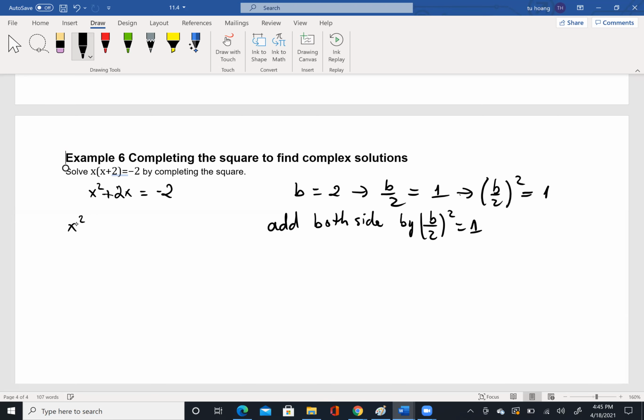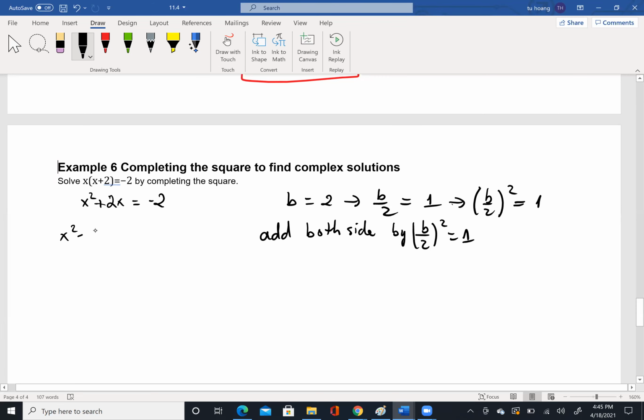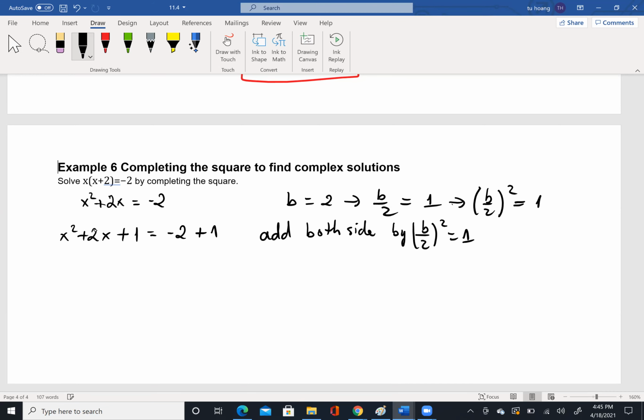I have x squared plus 2x plus 1 equal to negative 2 plus 1, right? I add 1 to both sides. And then the left hand side has now changed to a perfect square trinomial, which is x plus b over 2, which is 1, everything squared.